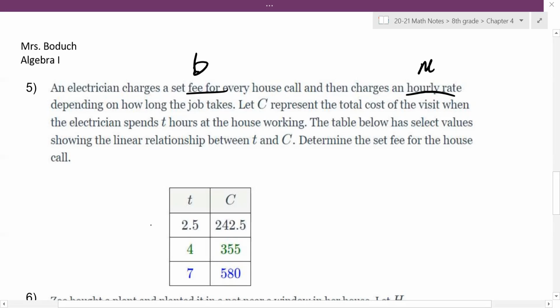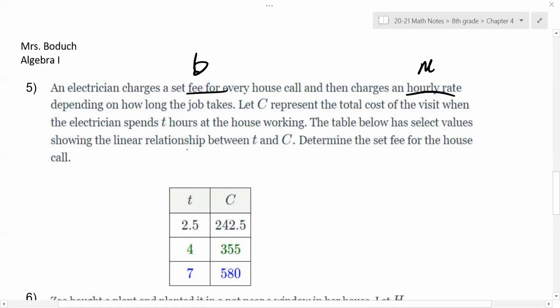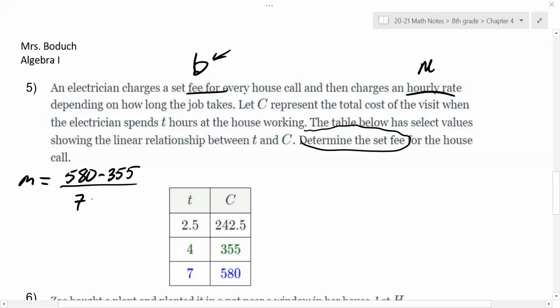So I'm trying to determine the set fee. The set fee, we're looking for the slope intercept. So now this is just like the second example. On this side, I'm going to find my slope. I'll take the blue ones. 580 minus 355 over the change in x.